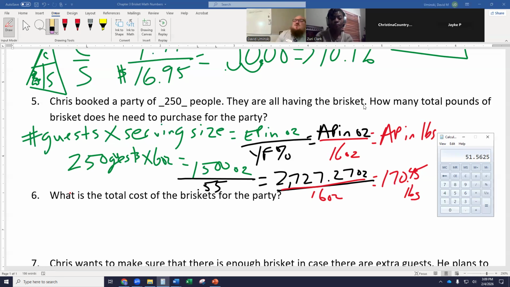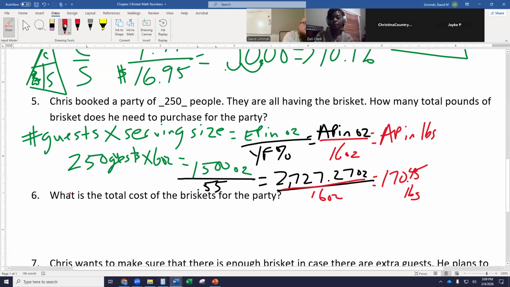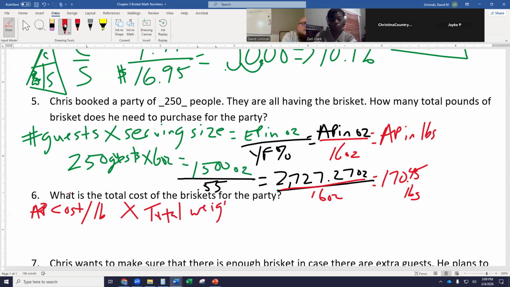So now, what is the total cost of the briskets for the party? This one is relatively straightforward. We're going to take the AP cost per pound, and multiply it by the total weight. So say it was $2.50 per pound. We're going to multiply it by 170.45 pounds.